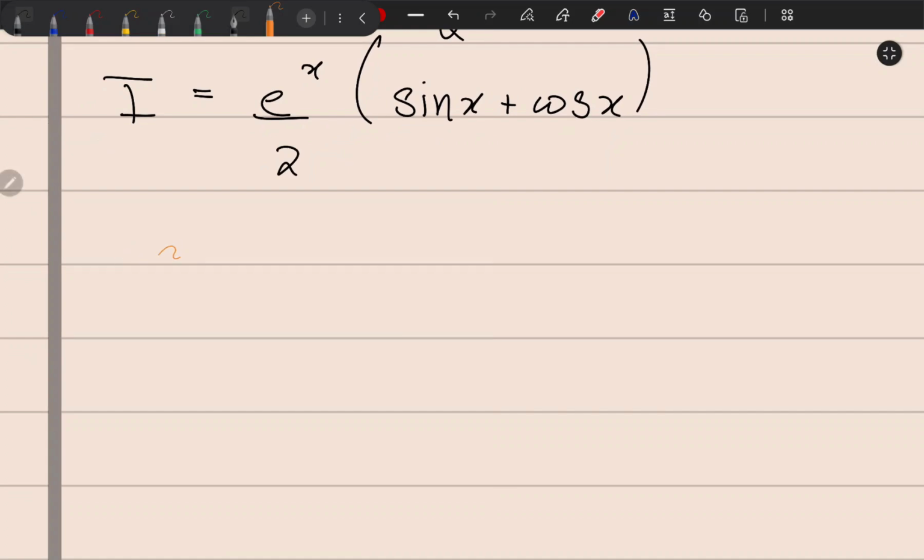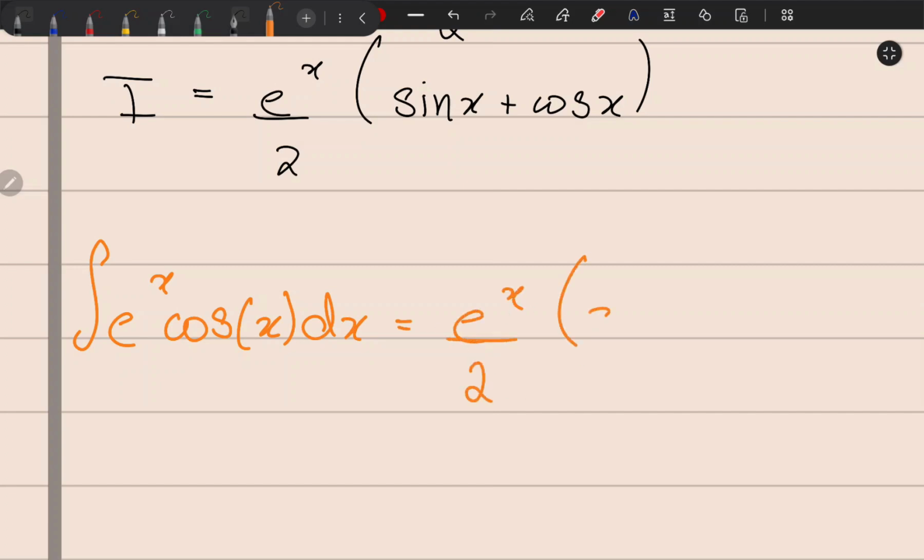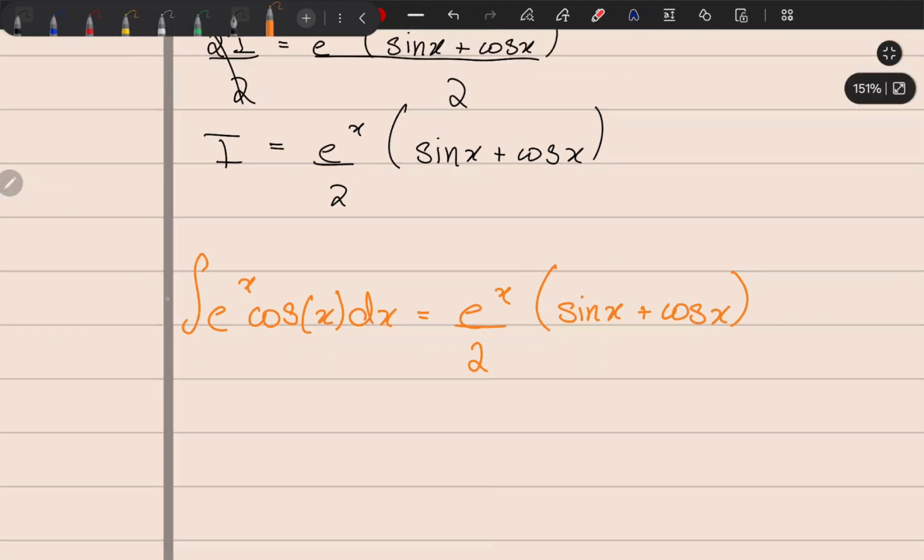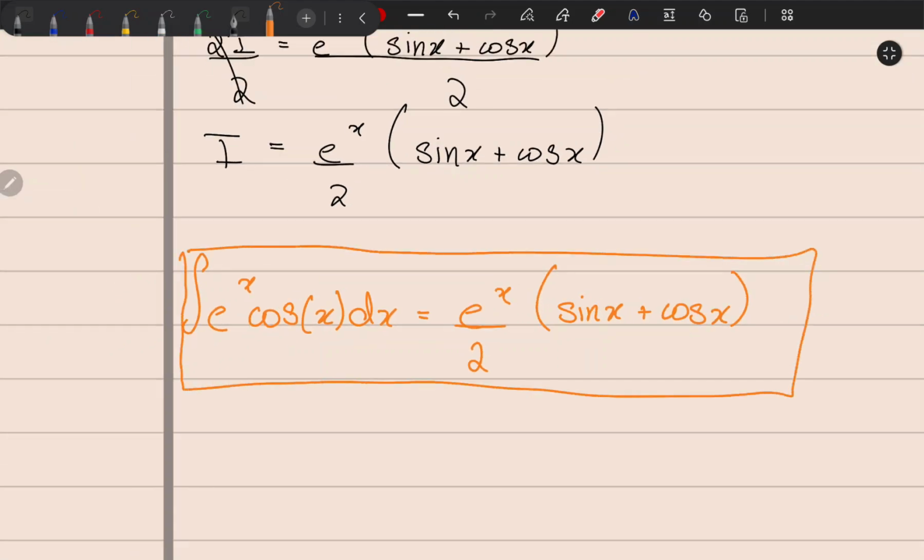The integral of e to the x cosine x dx is equal to e to the x upon 2 into sine x plus cosine x. This is our final answer.